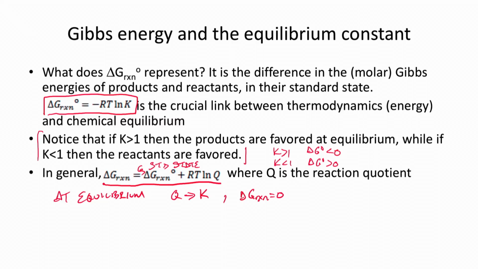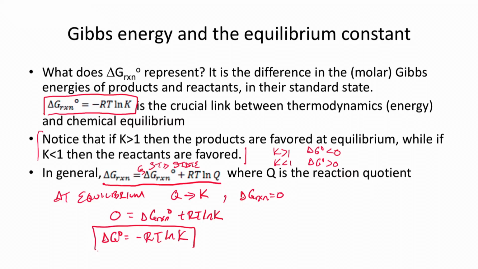So if I plug those results into this expression, I get 0 equals delta G0 for the reaction plus RT ln K, and then all I have to do is rearrange this a little bit. Delta G0 equals minus RT times natural log of K. This is exactly what I showed you over there, and that's where it comes from. This is what allows me to relate equilibrium constants to changes in the Gibbs energy.